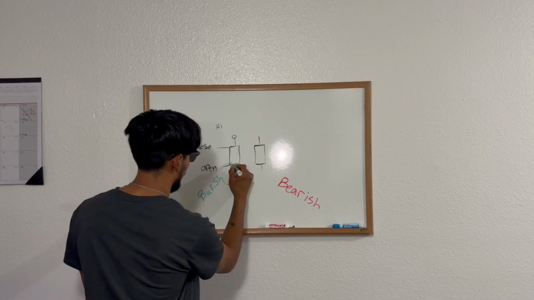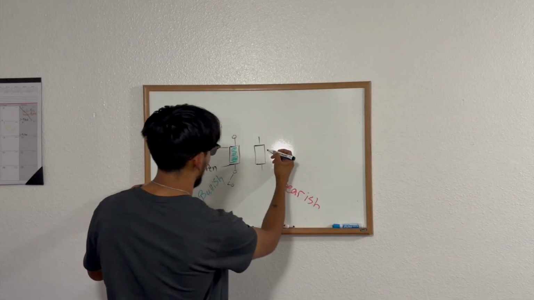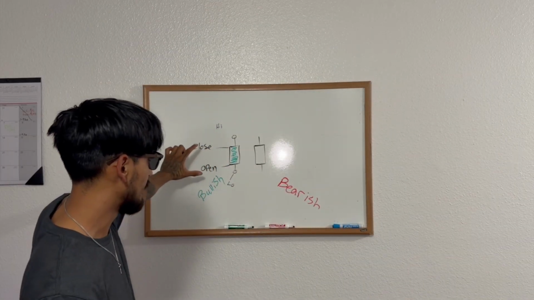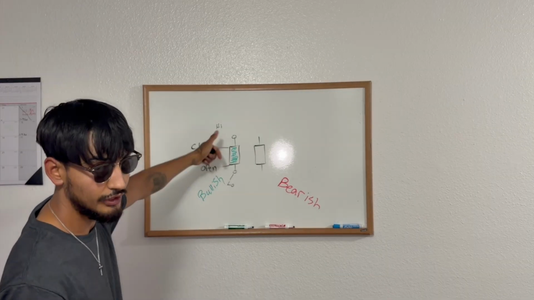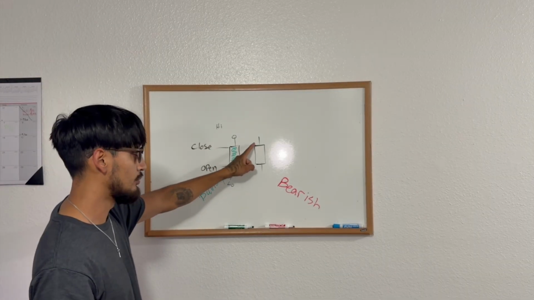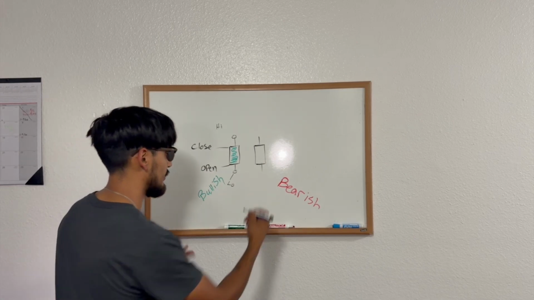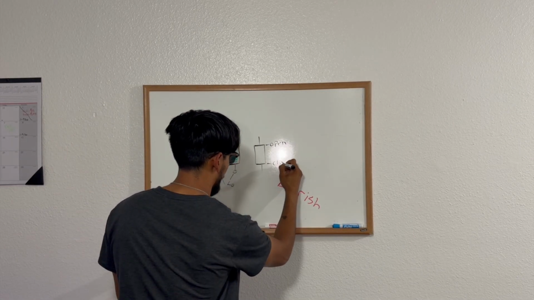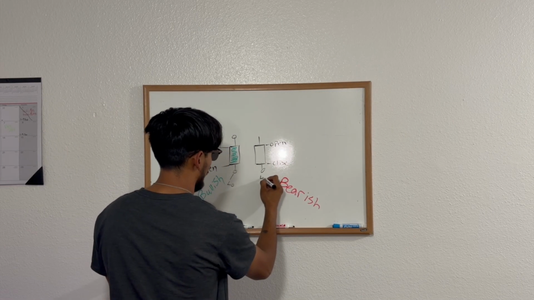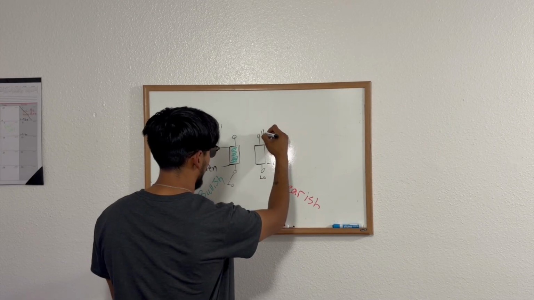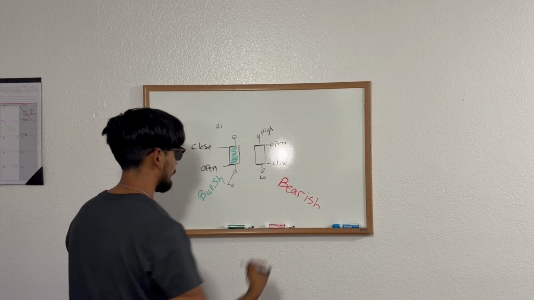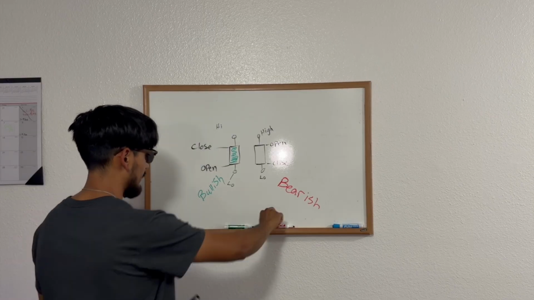Okay, and that is a bullish candle. Right, you have the bearish candle. The only difference is that these two flip. Price now opens at the top and closes at the bottom, but still makes a low and a high. Okay, that's a bearish candle.